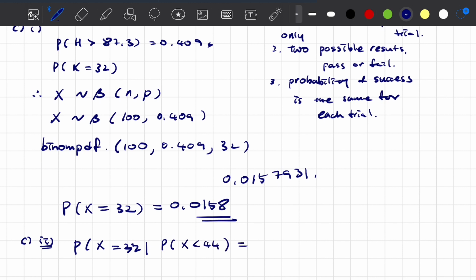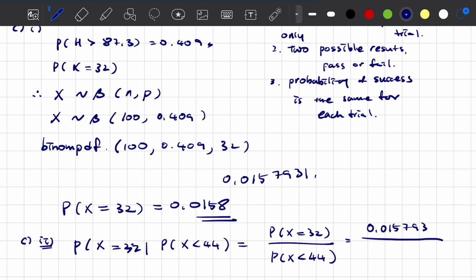Okay, and this is equal to the probability that x is equal to 32 over the probability that x is less than 44. Okay, so the probability that x is equal to 32 is already calculated from the previous question, which is 0.0157931. However, we are not sure about this probability, right?